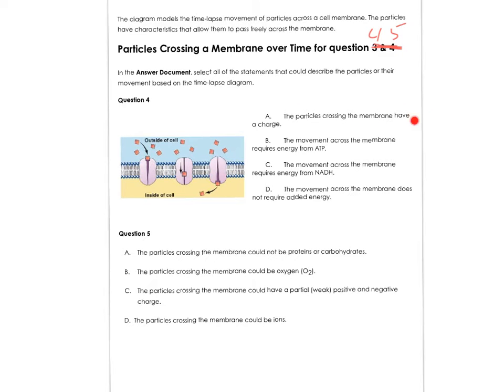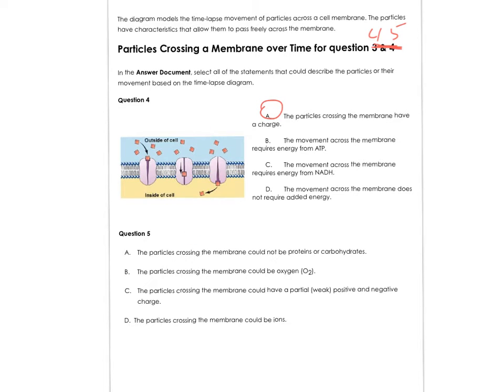So particles crossing the membrane have a charge. That's possible. So that would be one of the answers that it could be, because if the particles had a charge, they couldn't get through without help. Remember, one of the only differences between this question and the question I gave you before is that this picture had no membrane proteins and it had particles on one side that could get through.